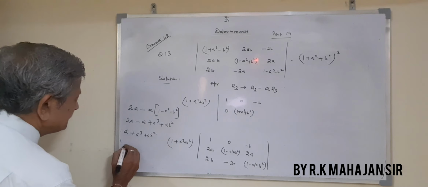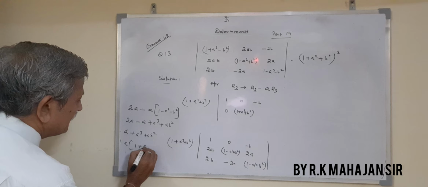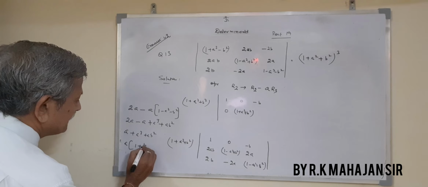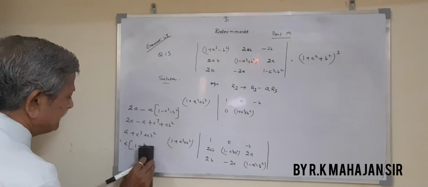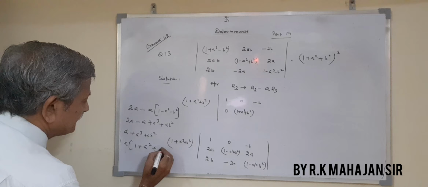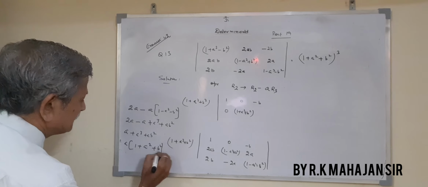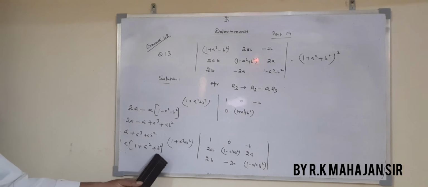So you would find here a will be common, so 1 plus b square, or you can say a square plus, with a you taken common, so b square. So you are left with 1 plus a square plus b square.